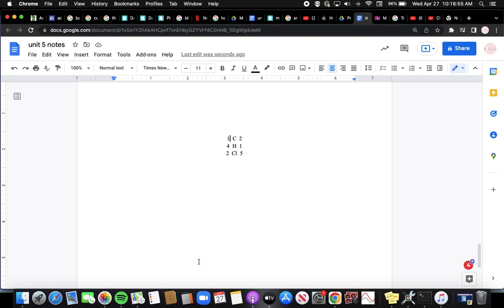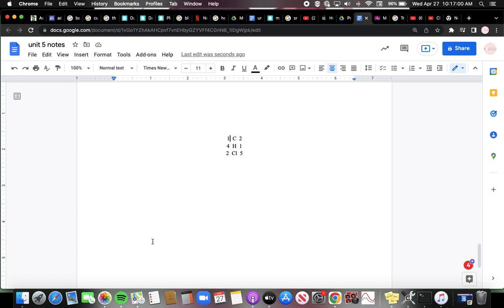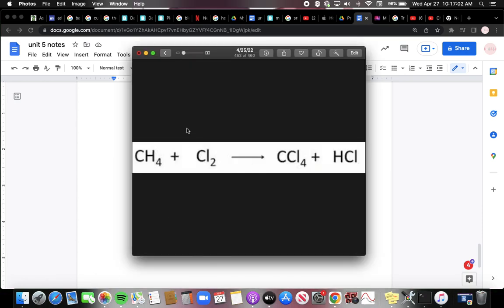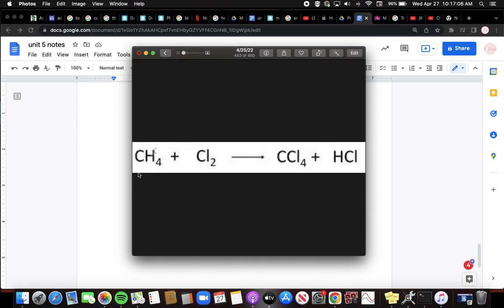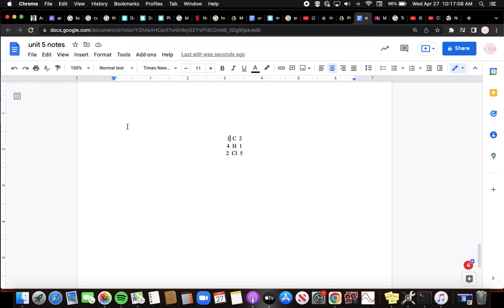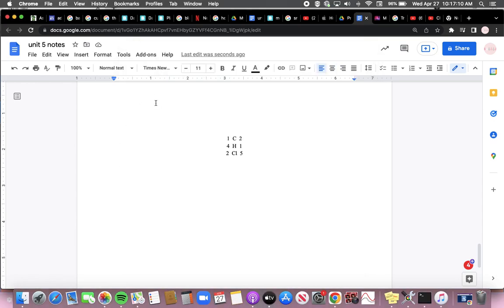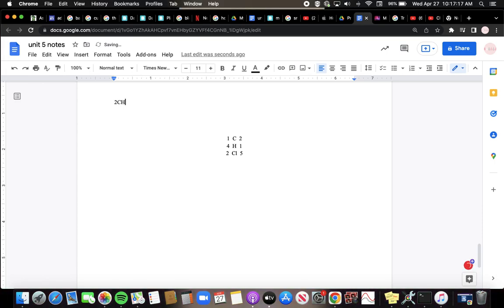to go from top to bottom. Let's just make C on the left side 2. So if we go to C on this side, we do 2 times here, right? We just put a 2 here, and so we would do 2CH4, with the subscript of 4, right?